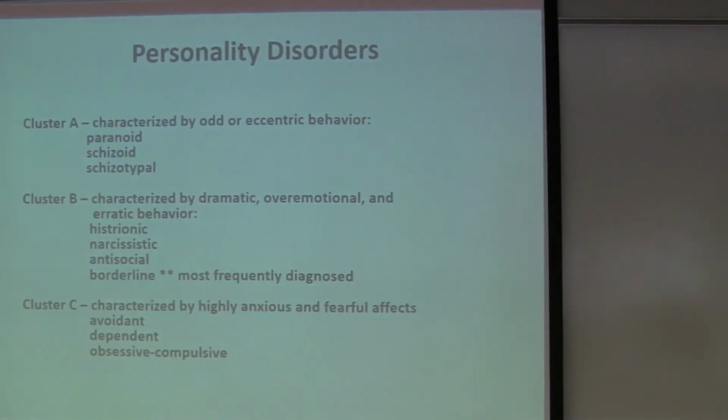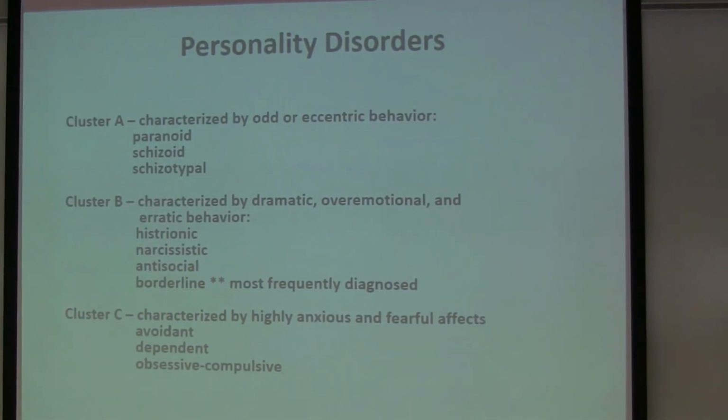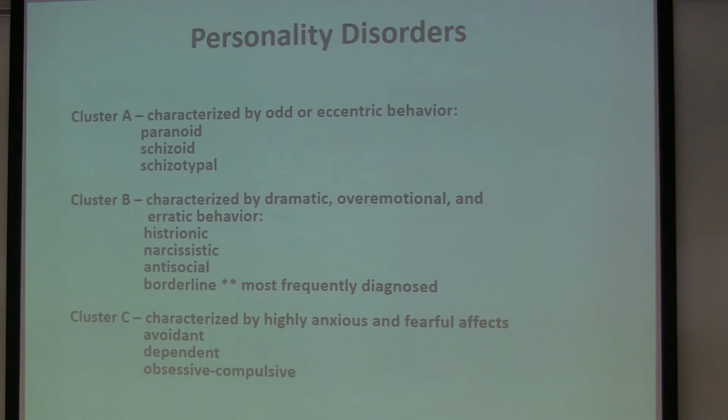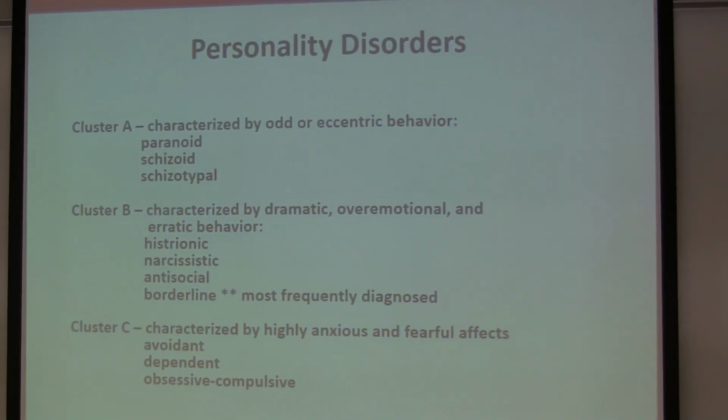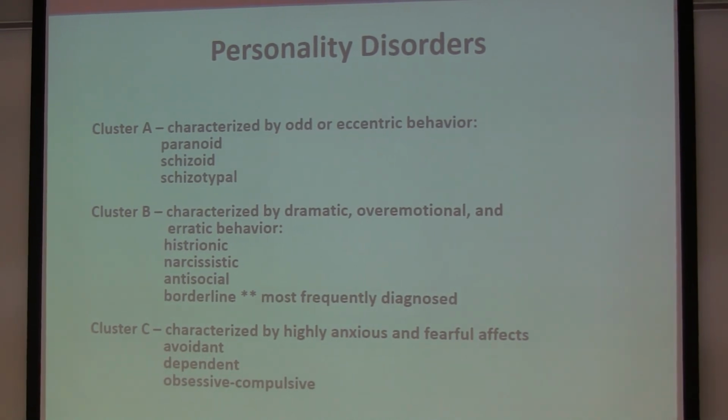Personality disorders are classified in 3 clusters. Of the 3 clusters, you have cluster A, which is characterized by odd or eccentric behaviors. So you would see paranoid personality disorder, schizoid, and schizotypal. So if you think of odd or eccentric, you would have those 3.